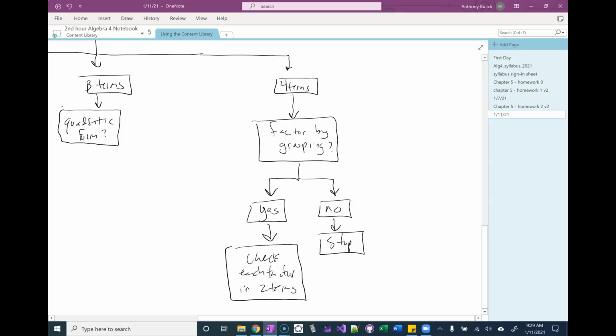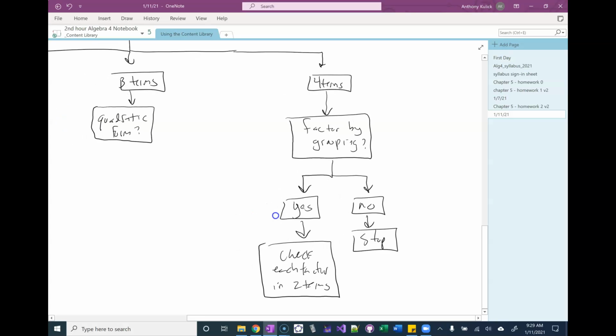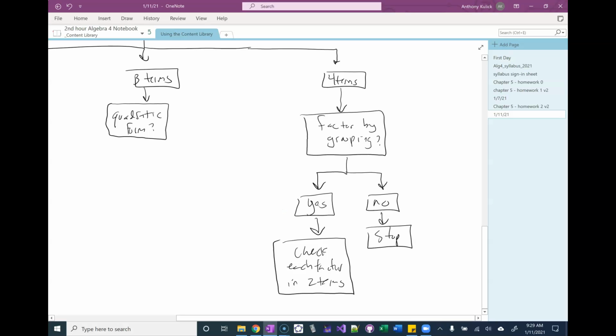So under three terms, the first thing we're going to do is check to see if it's in the quadratic form. I'll define what that means here in a few minutes. It doesn't mean that it's quadratic, but it's kind of similar to that.